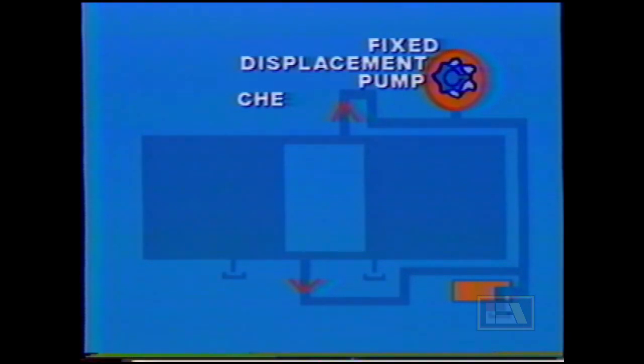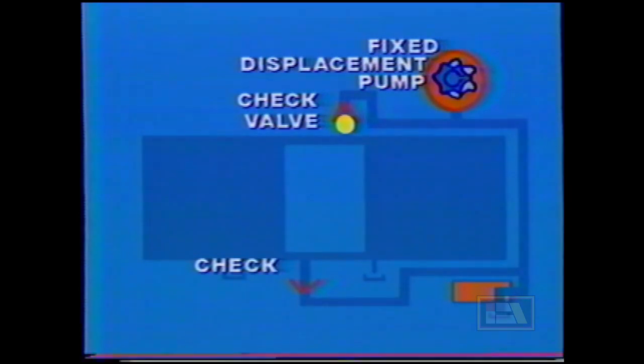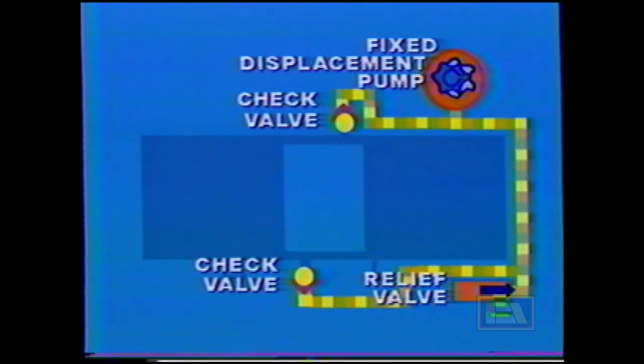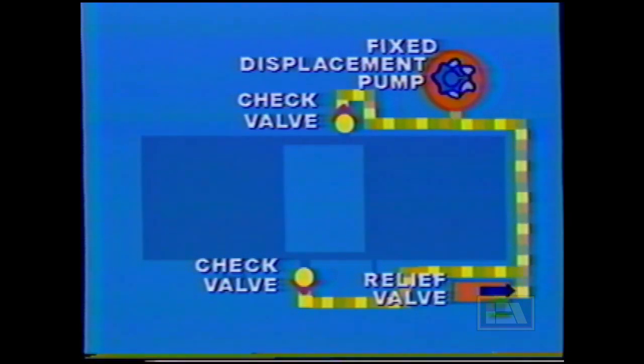The components include a fixed displacement pump, usually of the gerotor type, 2 check valves, and a relief valve. The output of the gerotor pump is based upon engine RPM. The pressure is regulated by the charge system relief valve. Charge pressure is now standing by at the check valves.